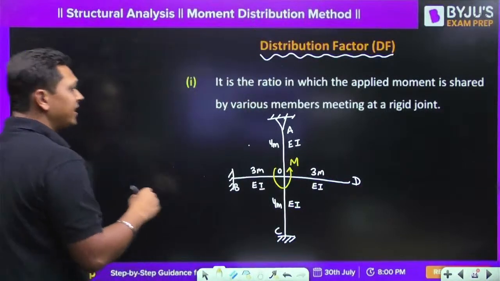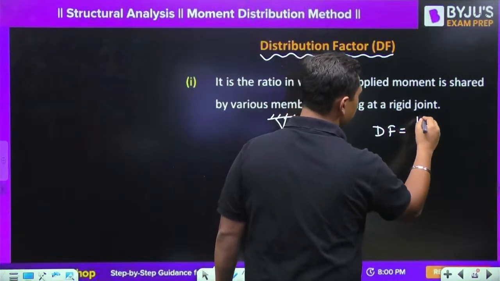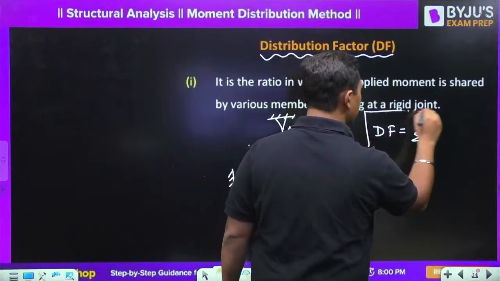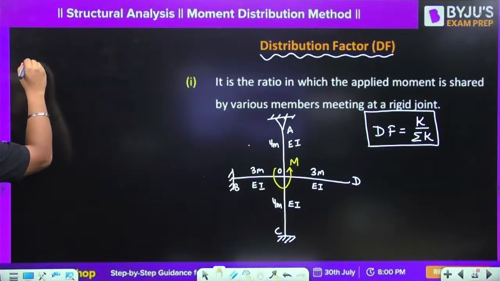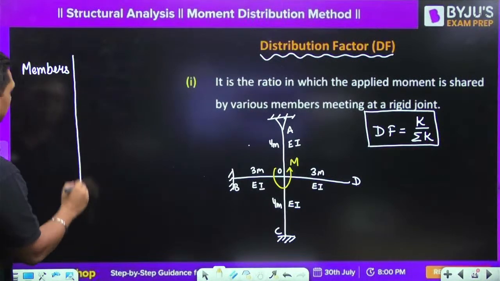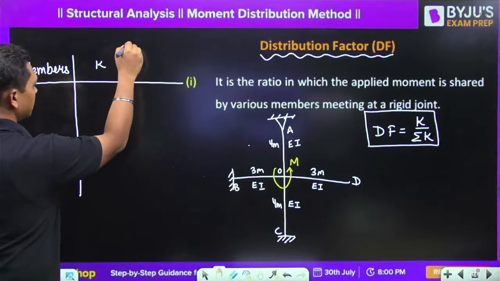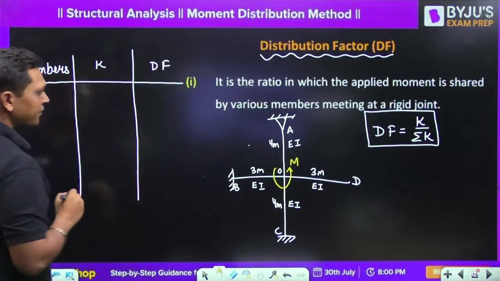So, the distribution factor is defined as K upon summation of K for a particular member. Okay, let us draw. So we have members, K value, and corresponding to that distribution factor value.